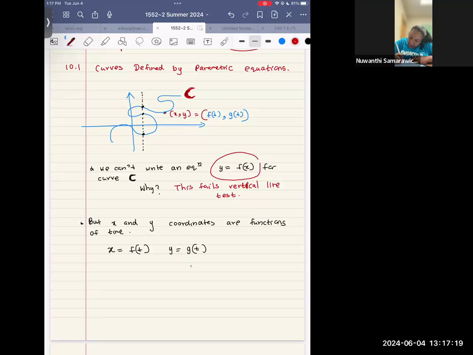Here t is a parameter. And then we call these whole equations, that is x is equal to f of t and y is equal to g of t, parametric equations.